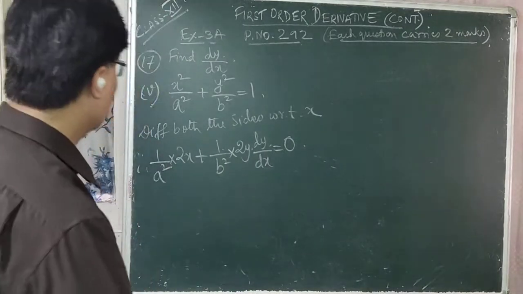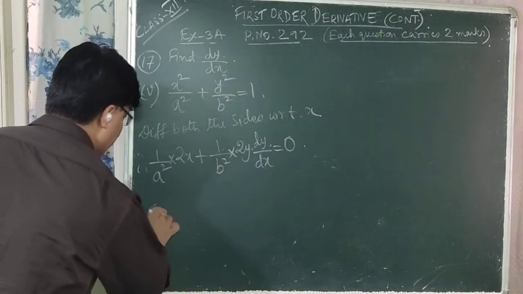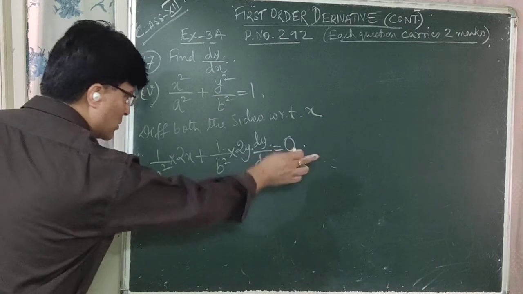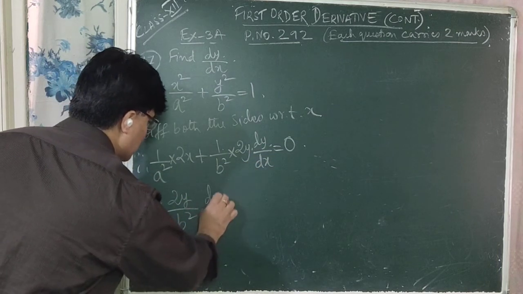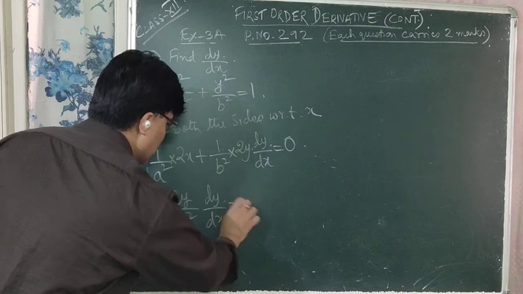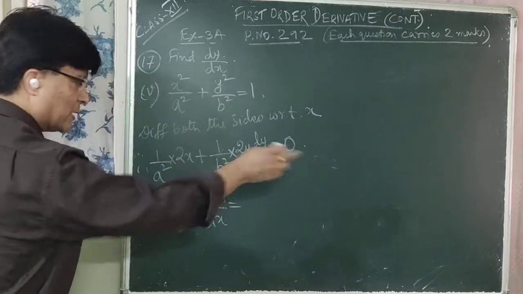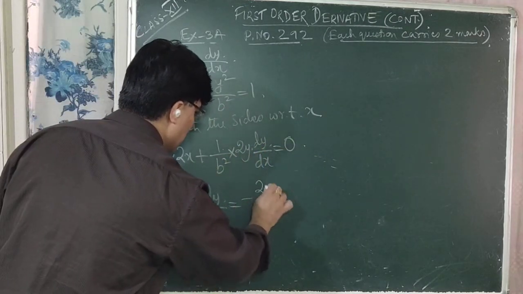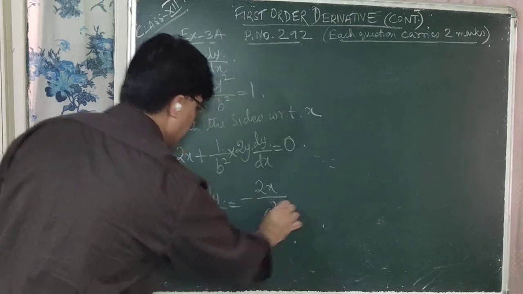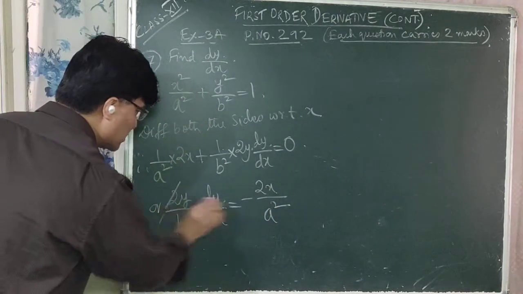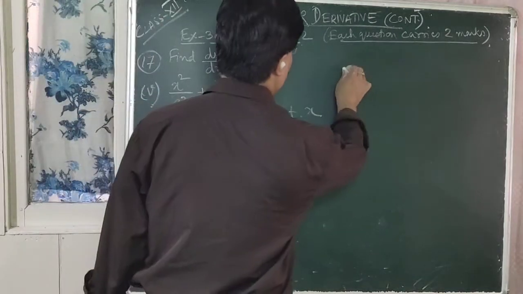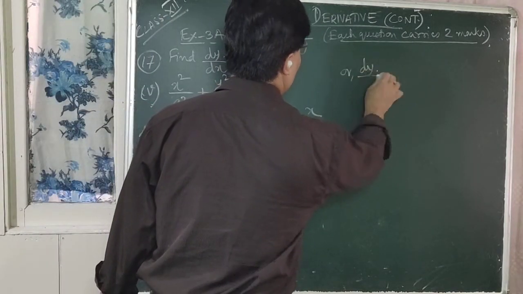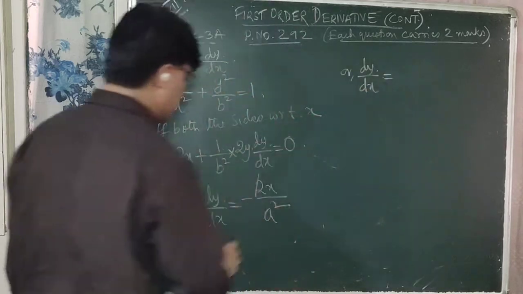Is that clear? So let us simplify it further, or let us take this 2x by a square to the right hand side. So 2y upon b square into dy by dx is equal to, this is taken to the right hand side. So what does it become? Minus 2x upon a square. From both the sides you can cancel this 2, right? So what is the value for dy by dx? So dy by dx is equal to what?